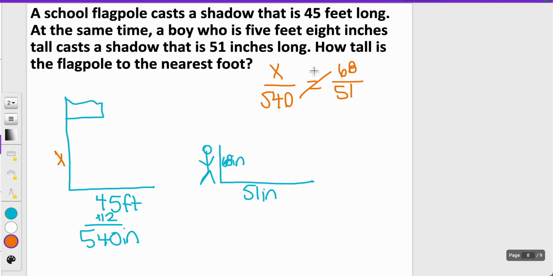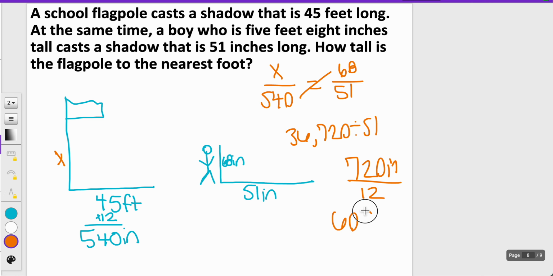We would cross multiply 540 times 68. I'm going to get 36,720, then divide that by 51. I'll get 720 inches, which if I divide that by 12, is 60 feet tall for the flagpole.